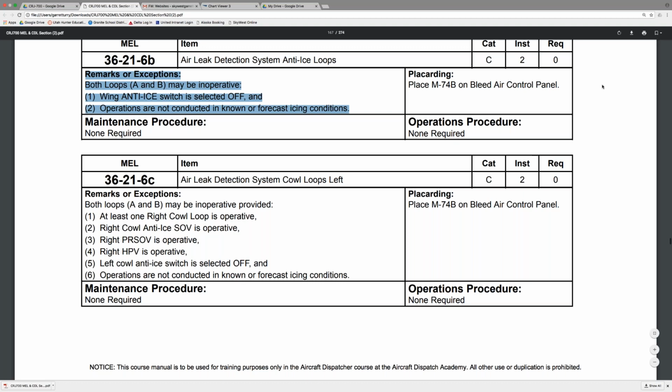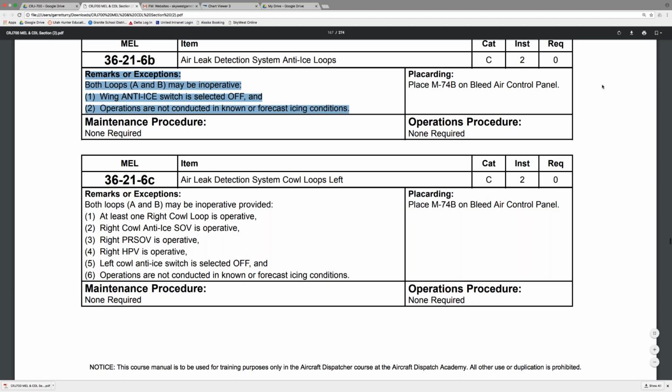If I remember correctly, it would be engine pressurization. Okay, what else? Engine start. What else? Those are the only three I have. You're missing the big one. I'm not sure what else.